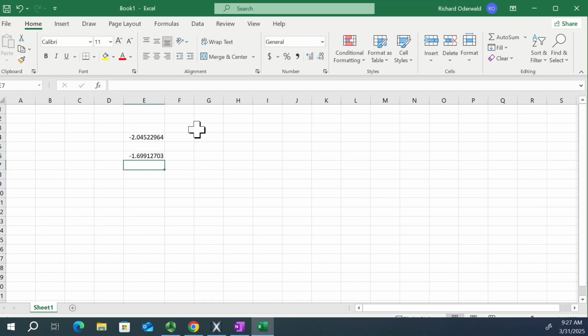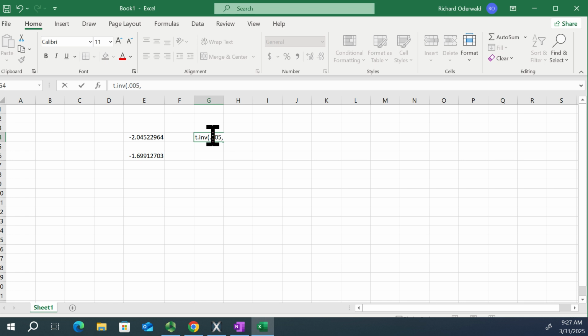t.inv. What probability am I going to give it? 0.005. And how many degrees of freedom? 56.